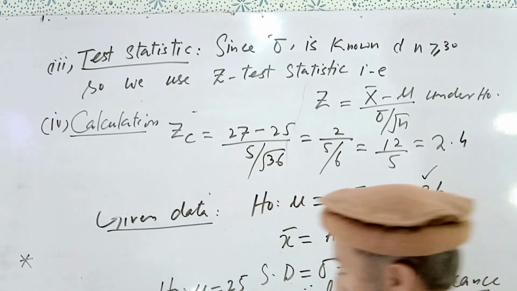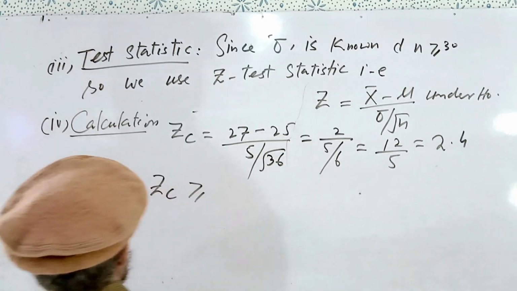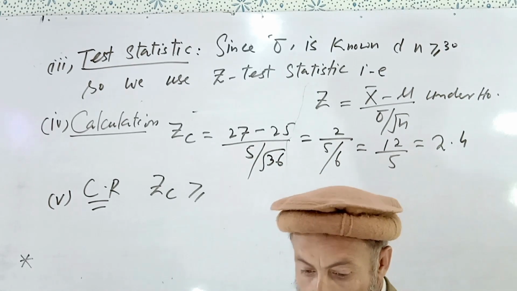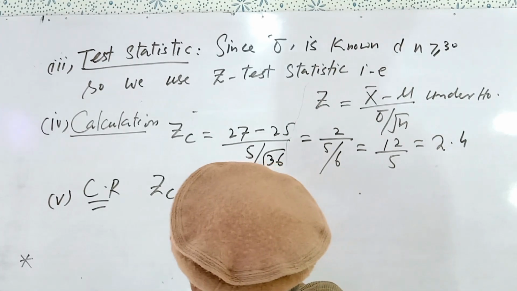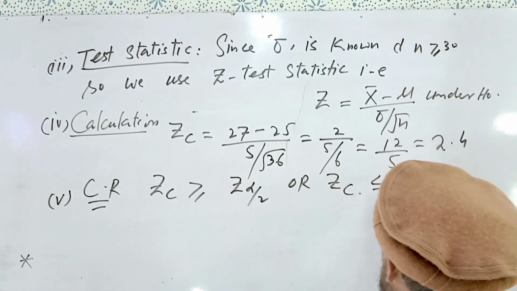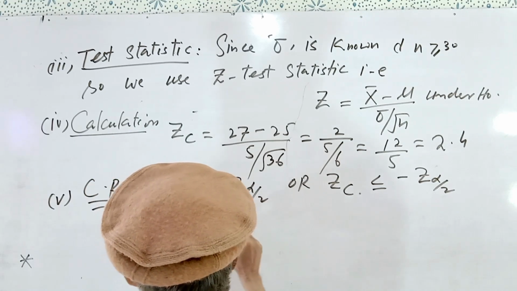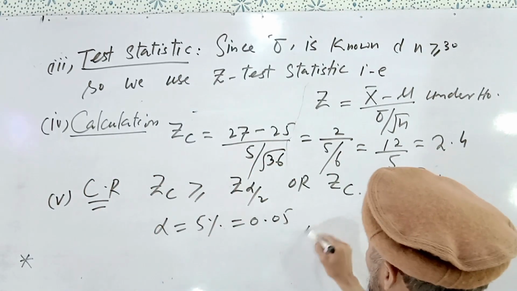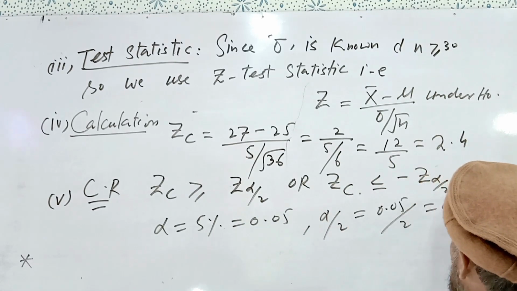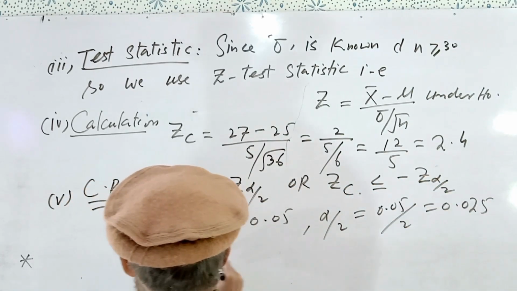We will use 2.4. For the fifth step, the critical region, this is a two-sided test: Zc greater than or equal to Z alpha by 2, or Zc less than or equal to minus Z alpha by 2. Alpha is given as 5%, meaning 0.05. Alpha by 2 is 0.05 divided by 2, equal to 0.025.